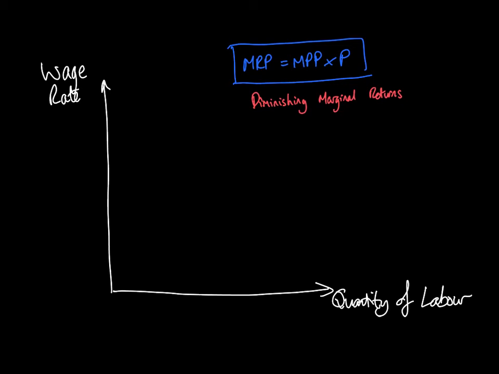Now that sounds quite complicated, but an easier way to think about it is if you've got a production line in a factory or whatever, the first worker that you add is going to increase output by quite a lot because it enables you to run the production line in the first place. The second worker that you add is also likely to contribute quite a lot. They are going to be making quite a sizable contribution to the production line. But as we add more and more workers, the additional output from each is going to go down.